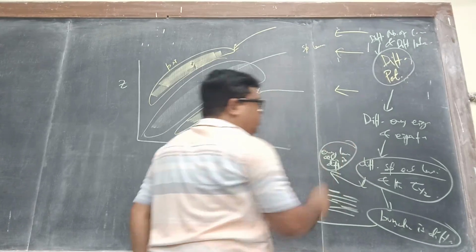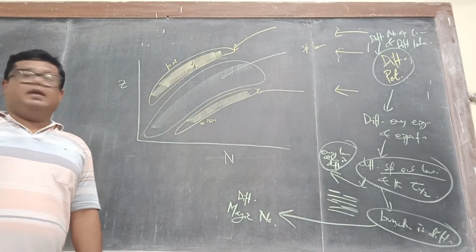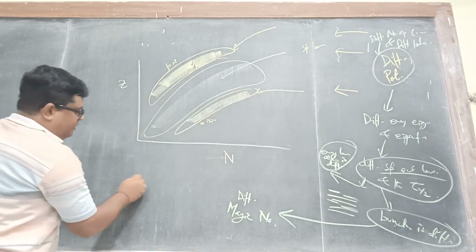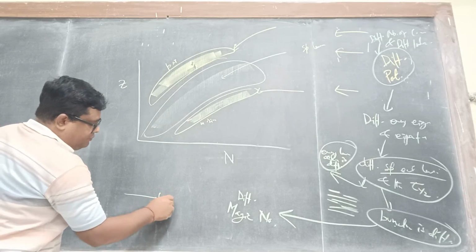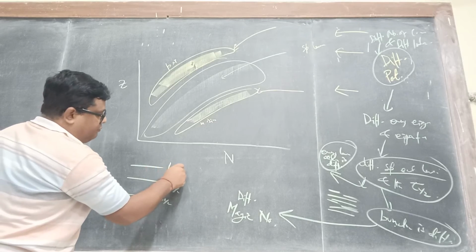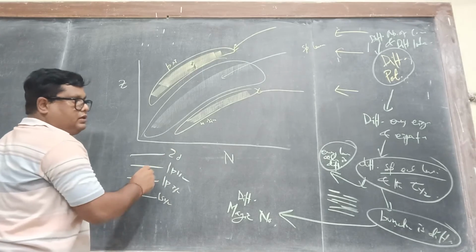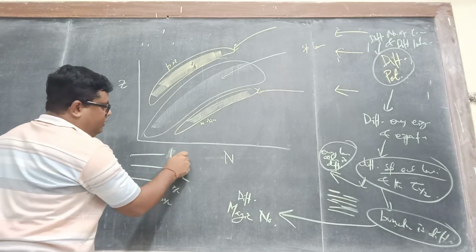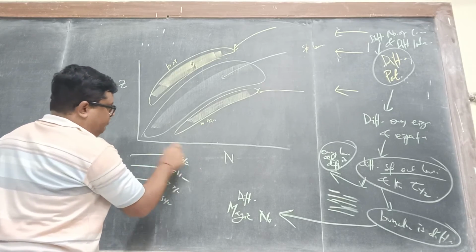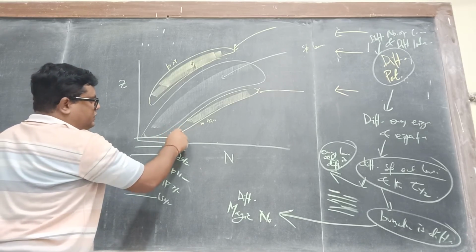Now this difference is not always there, but slowly and gradually the difference moves on. Say for example, you have got 1s1/2, then 1p3/2, then 1p1/2, then 1d5/2, then 2s1/2, and next we have got 1d3/2.